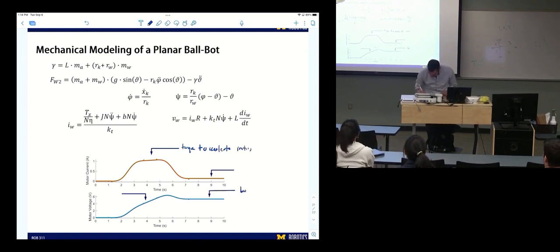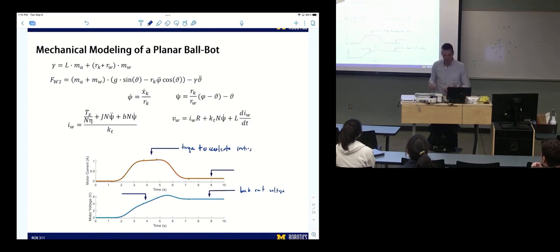This is the back EMF. What is this? Is that the torque to overcome the resistance, the internal damping?